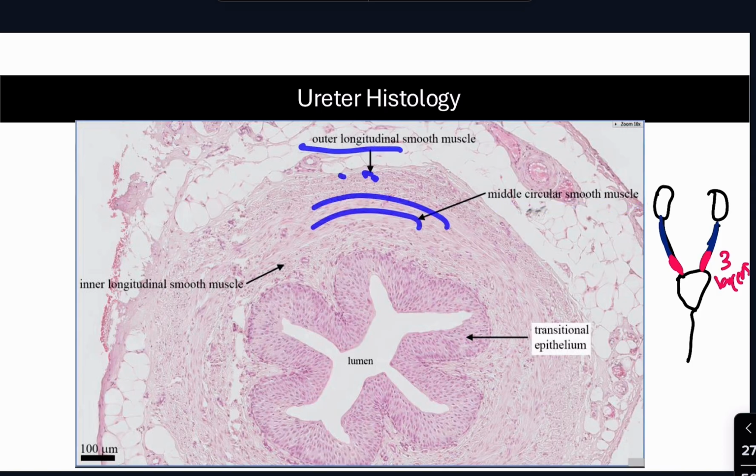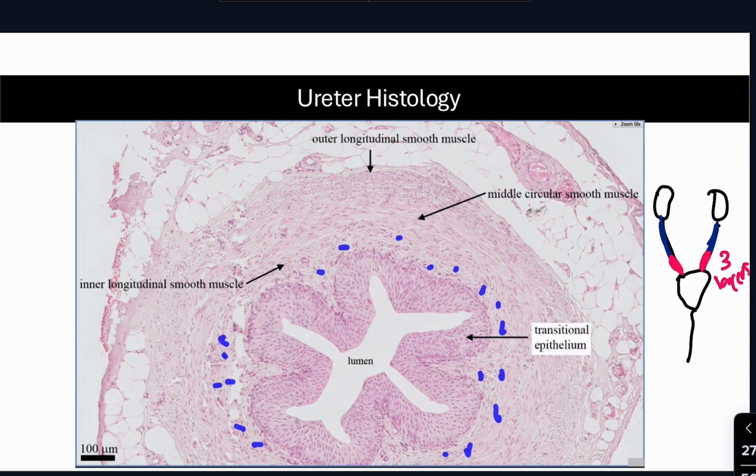And how can we tell the difference between these different layers? It's the orientation of the muscle fibers, right? We know by now that the longitudinal sections are going to have more dot-like appearances. You can see the nuclei, the actual individual muscle fibers in the inner and outer longitudinal muscle layers.